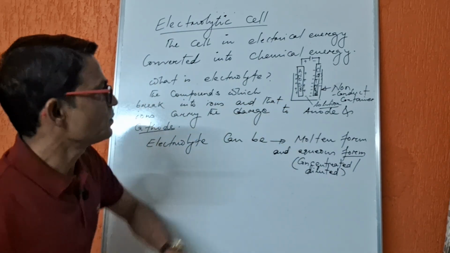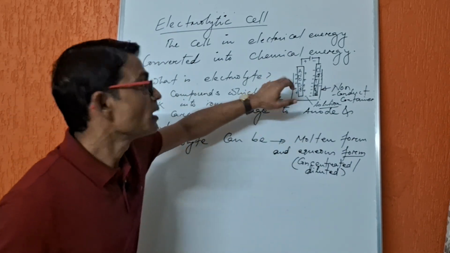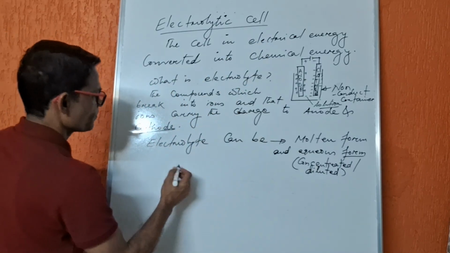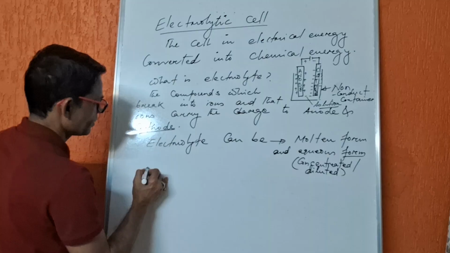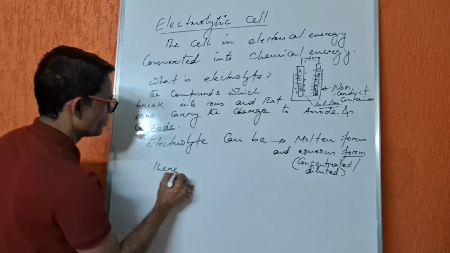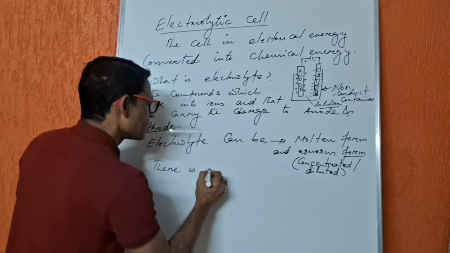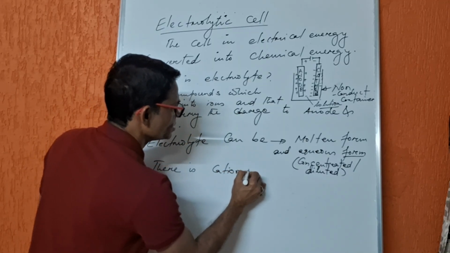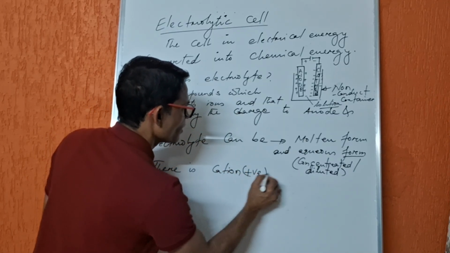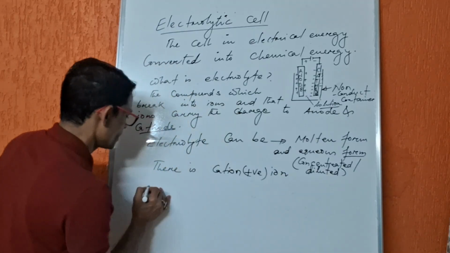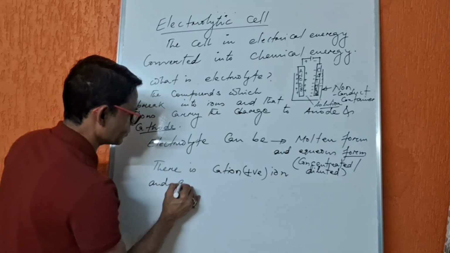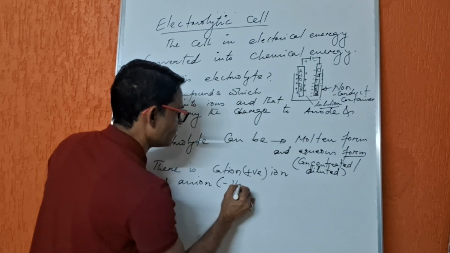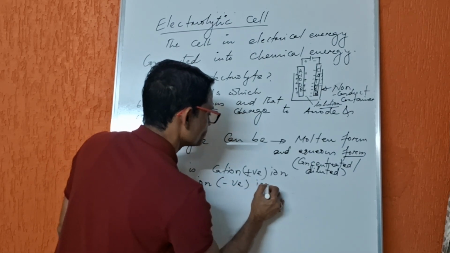For the case of this electrolytic cell, there is cation, that means positive ion, and anion, that is negative ion.